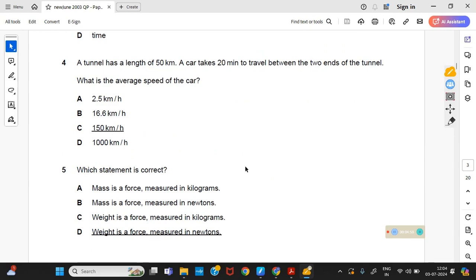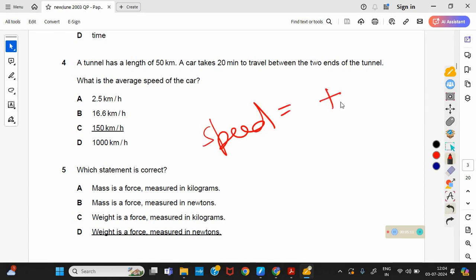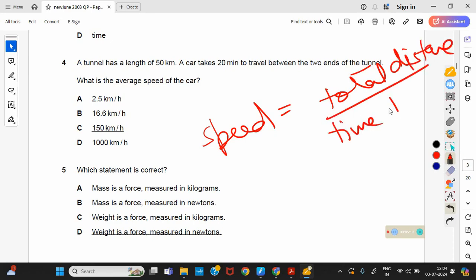A tunnel has a length of 50 km. A car takes 20 minutes to travel between the two ends of the tunnel. What is the average speed of the car? So speed is the total distance divided by total time taken. Total distance is 50 km and time taken is 20 minutes.